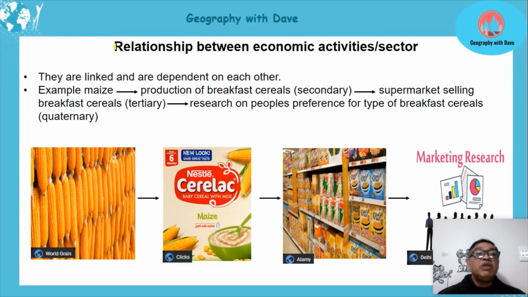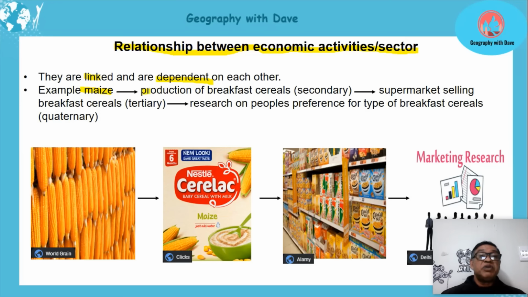So now we look at the relationship between the economic activities and sectors. Actually, they are linked, learners, and dependent on each other also. Now let's look at why. The maize is farmed, of course, that's your primary.